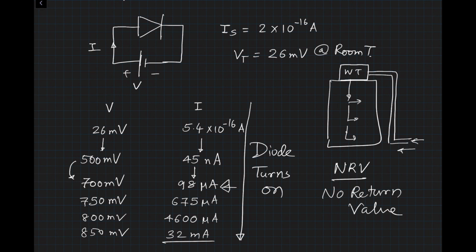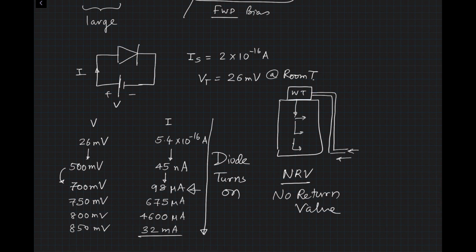So this NRV looks like a very simple device, and I'm just going to draw it for you, and then it will be clear how it looks like a diode. It has an edge like this, and there is a circular flap, something like this, and the water flows from this direction and goes out this direction in this pipe.